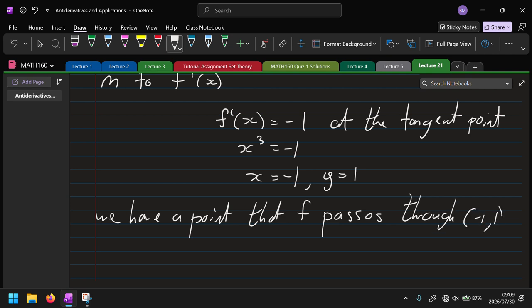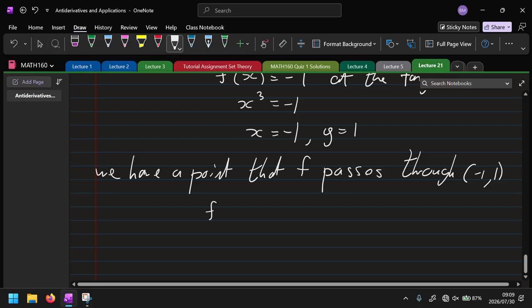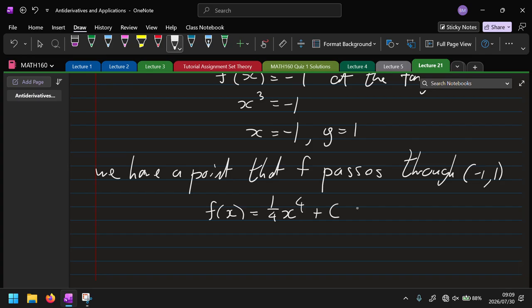Okay, so that will be minus 1, 1. And that's exactly what we needed to solve for c. So x must be minus 1, y will be 1.